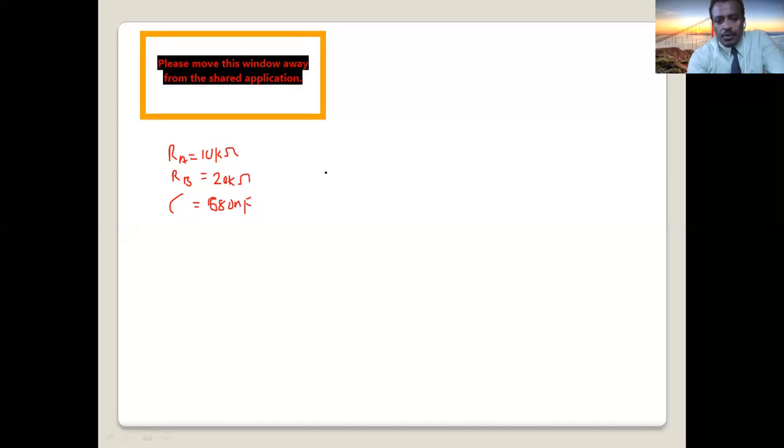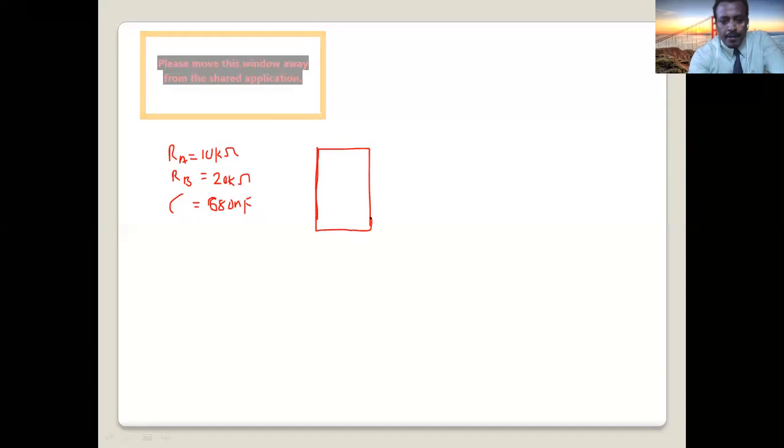Okay, so as you know, we bring our 555 timer here. Pin number 8 and 4 are connected to what? Connected to VCC, our DC.